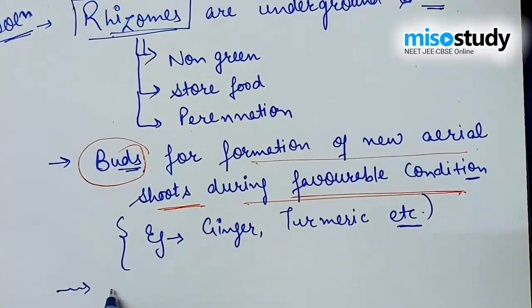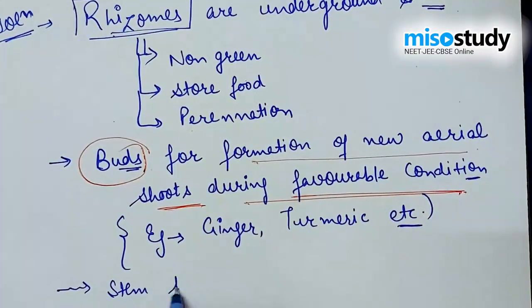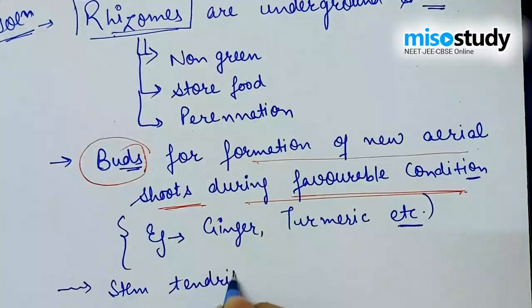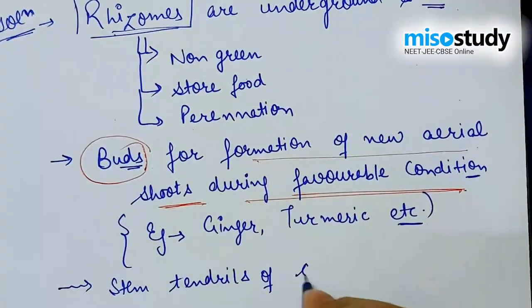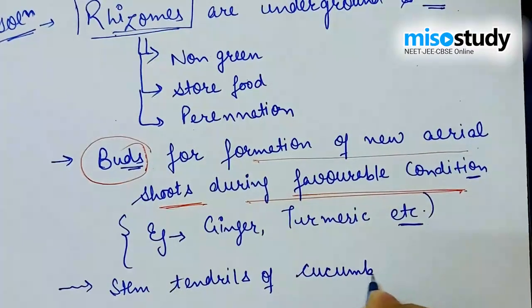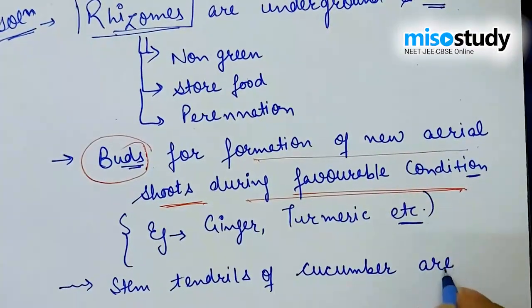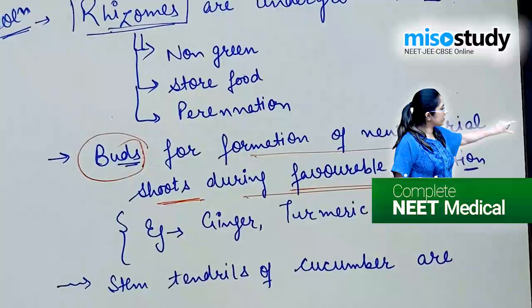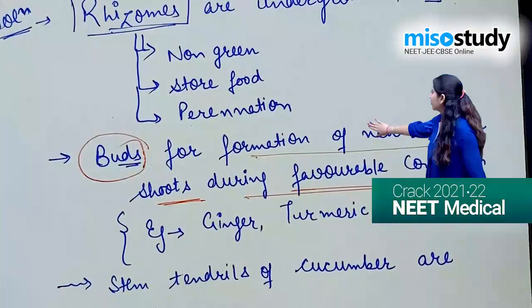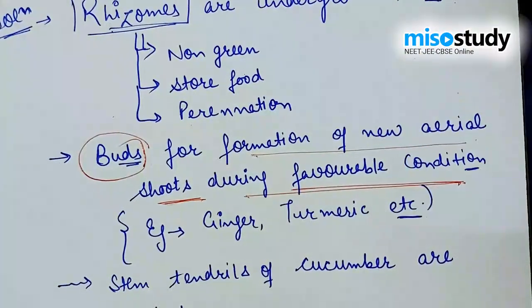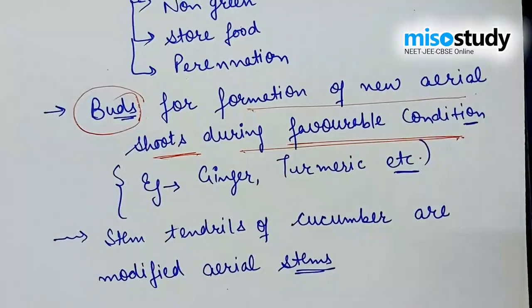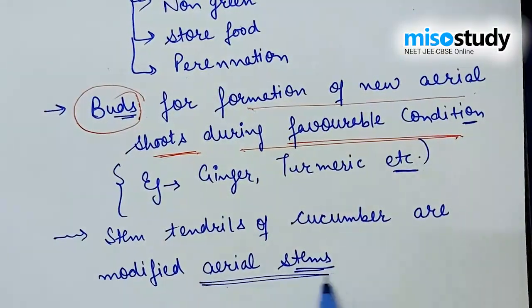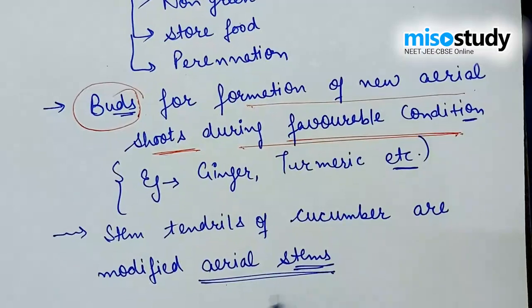Next, the stem tendrils of cucumber are modified aerial stems as well. When we discuss cucumbers, they are also modified aerial stems.